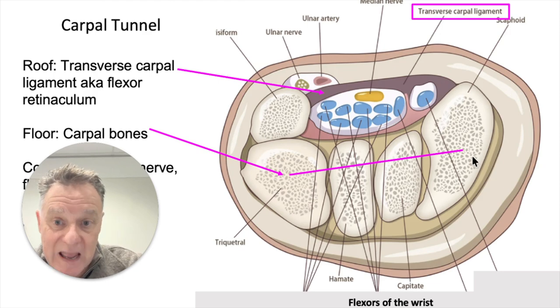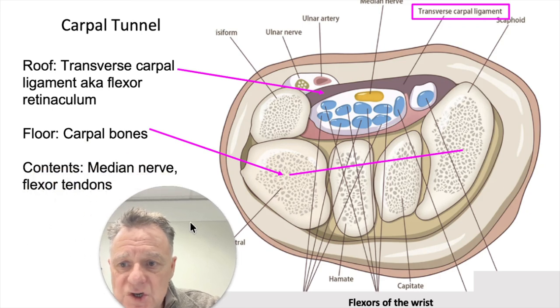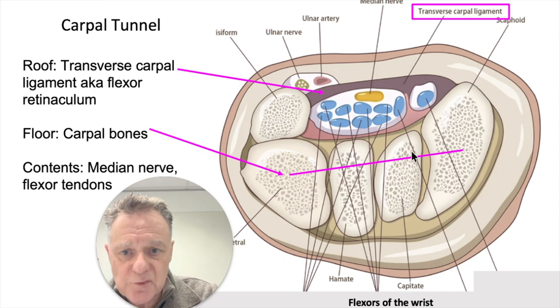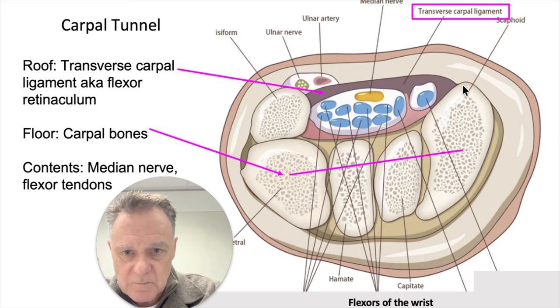There is what's known as a transverse carpal ligament across the top, which then creates this tunnel. So this is the floor, this is the roof. So the carpals make up the floor, and the transverse carpal ligament, often referred to as the flexor retinaculum, makes up the roof.